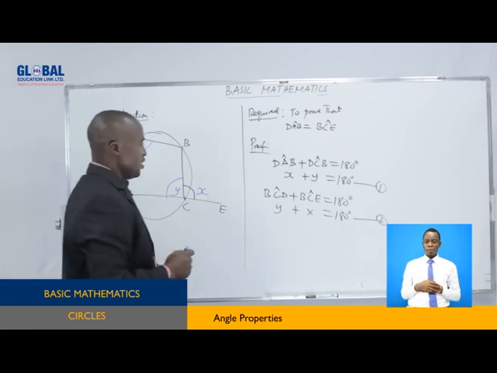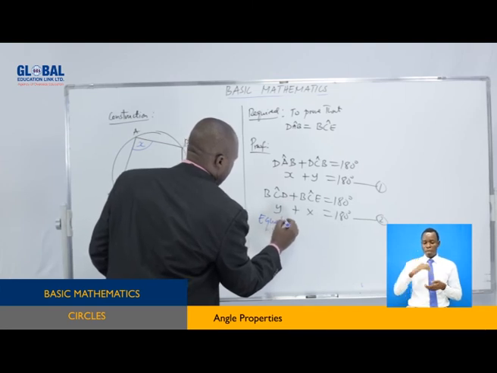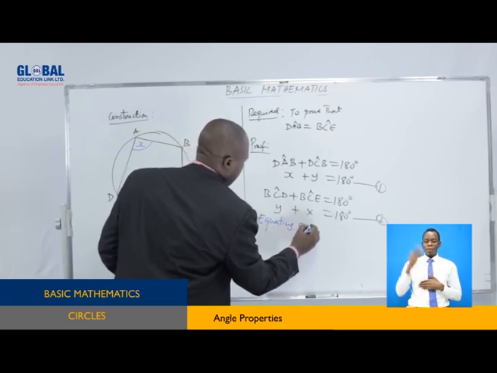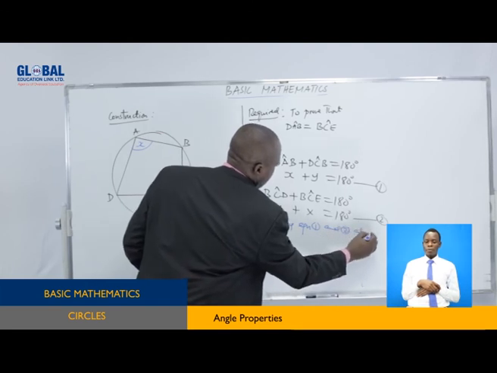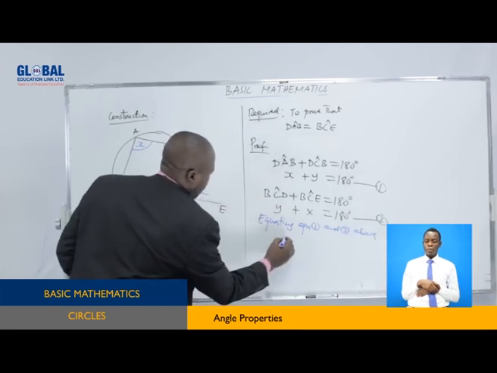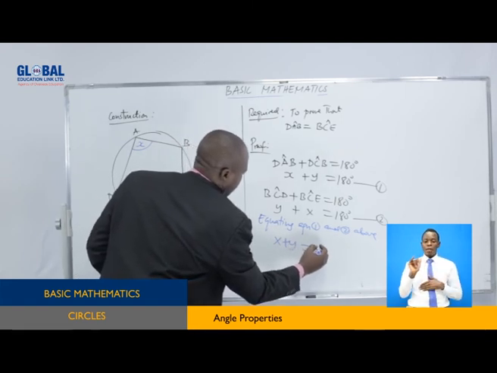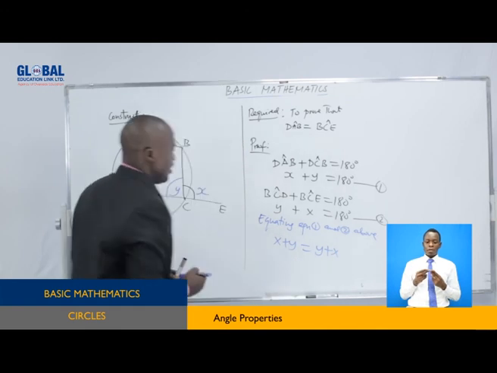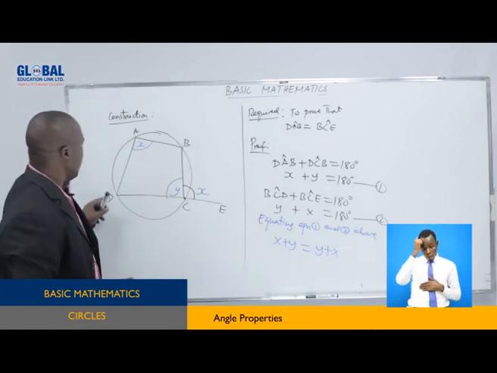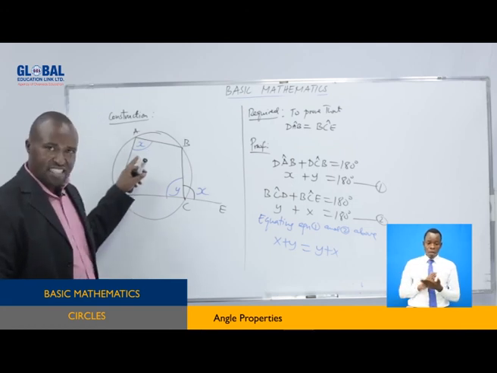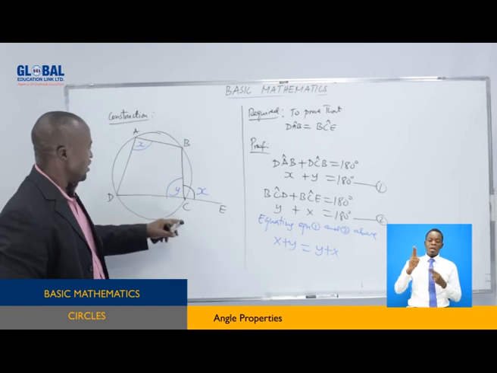So again we equate the two equations. On equating equation 1 and 2 above, we have x plus y is equal to y plus x. But remember, our interest is to prove that angle DAB, which is x, is the same as angle BCE.